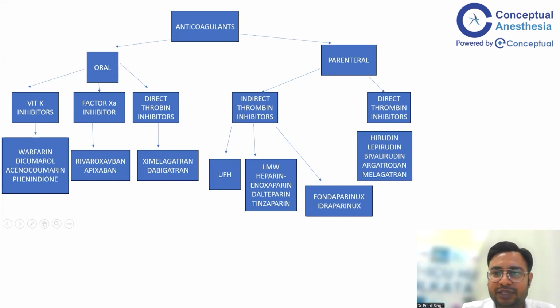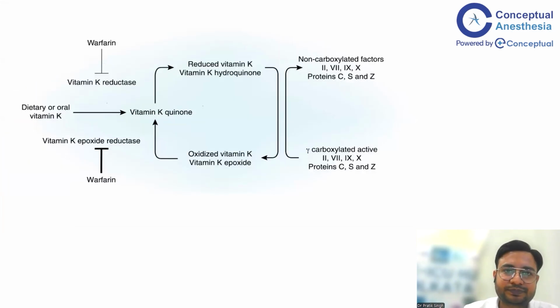Then direct thrombin inhibitors are hirudin, lepirudin, bivalirudin, argatroban, and melagatran. To note here is that these are all parenteral, and the left-hand side one is the oral one.